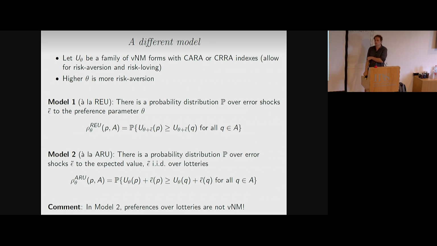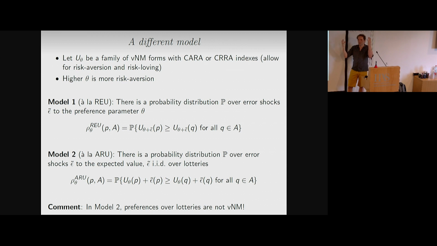There's no longer an equivalence between model 1 and model 2. In particular, in model 2, preferences over lotteries are not expected utility anymore. If these epsilons are drawn IID, then these preferences over lotteries are very wild because epsilon of P and epsilon of Q have nothing to do with each other. They don't know what P and Q are.